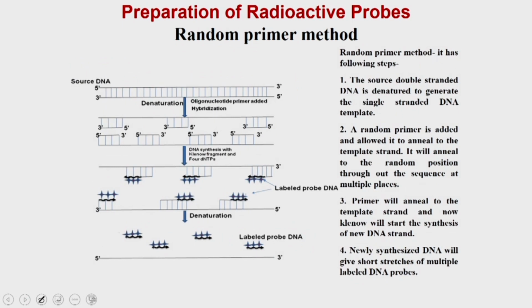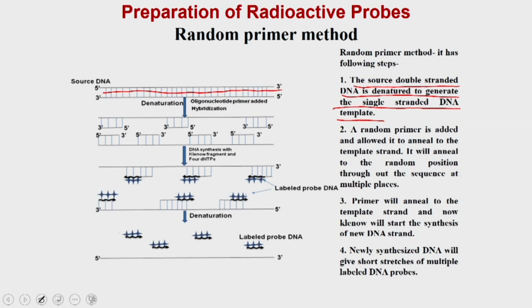So, this is what is written in the templates. The source double stranded DNA is denatured to generate single stranded DNA as a template. In the first step you denature, so that all the hydrogen bonding between the two strands is broken down. That gives you the templates, and then the random primer is attached and anneals to the strands.